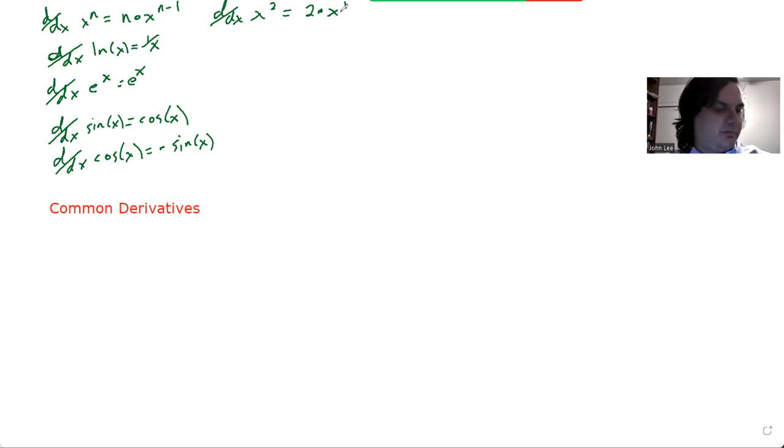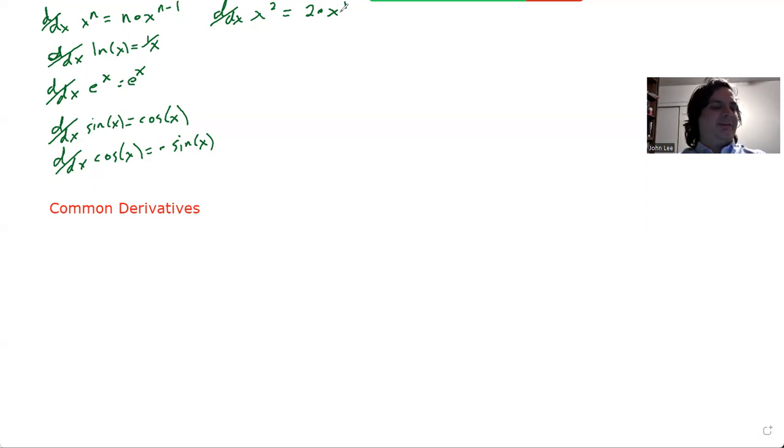This is kind of the definition of Euler's number e. Anytime you have an exponential, say like 10 to the x or 2 to the x, the derivative is going to be based on the size of the function at that point.